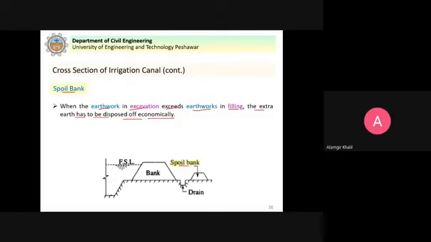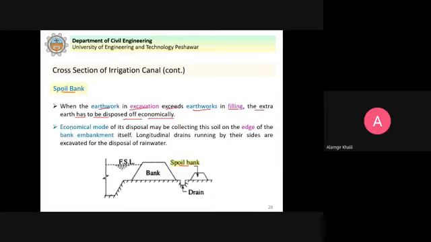When we are constructing an irrigation canal and the earthwork in excavation exceeds earthwork in filling, we have extra material left, so that extra earth has to be disposed of economically. An economical mode of its disposal may be collecting this soil on the edge of the bank embankment itself.